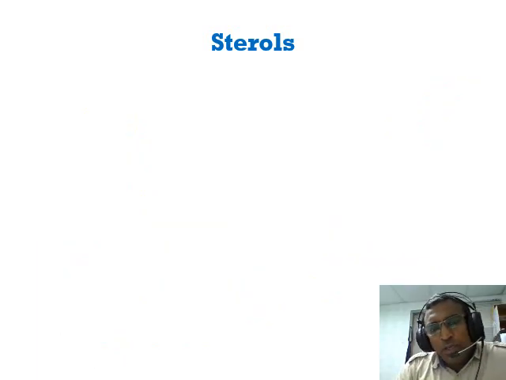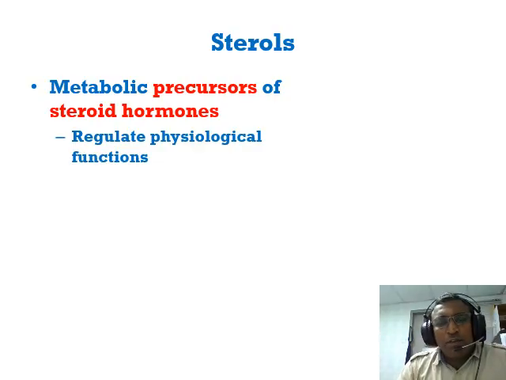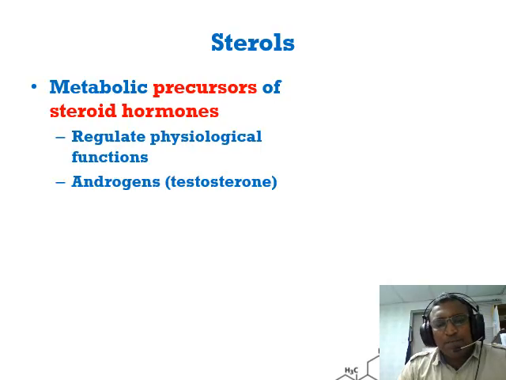So now we talk about the steroidal hormone. You always think hormone is made of protein, but in this instance, hormone can also be made by fat components. So you have the steroidal hormones, and they have the function of regulating certain physiological functions.